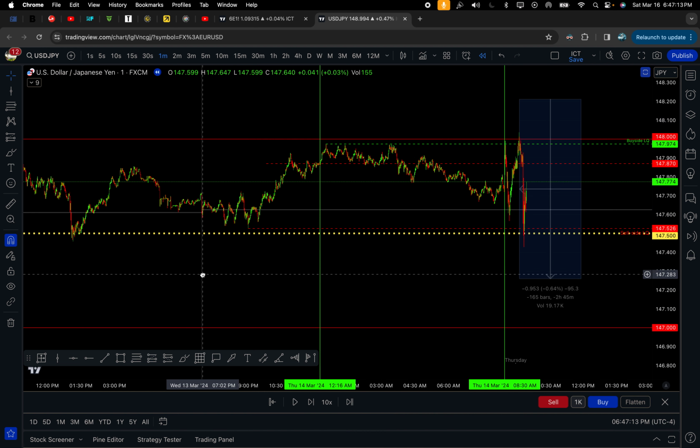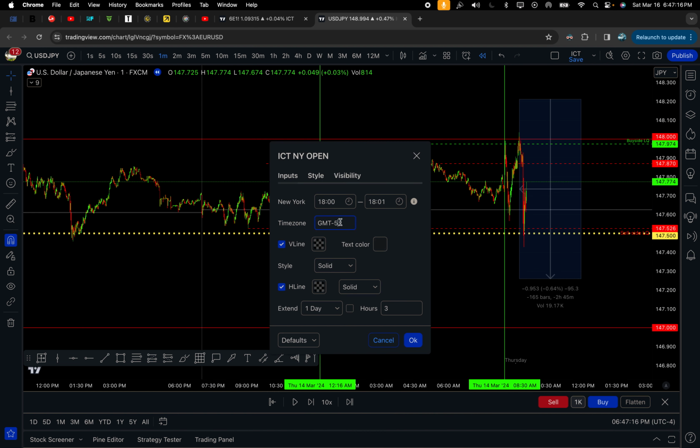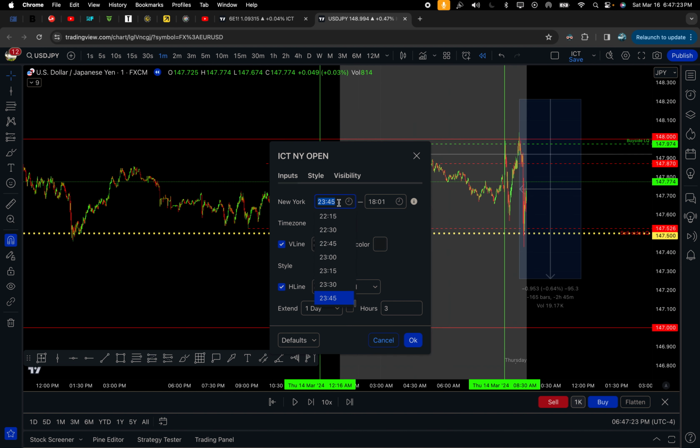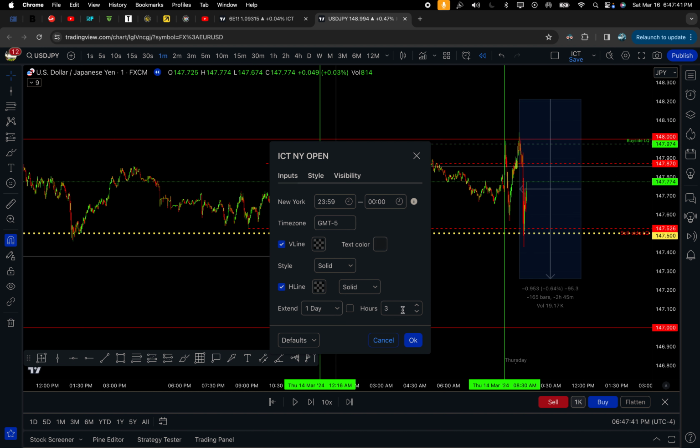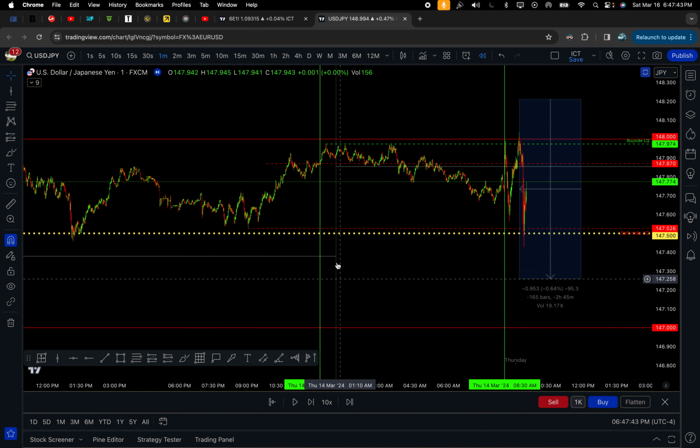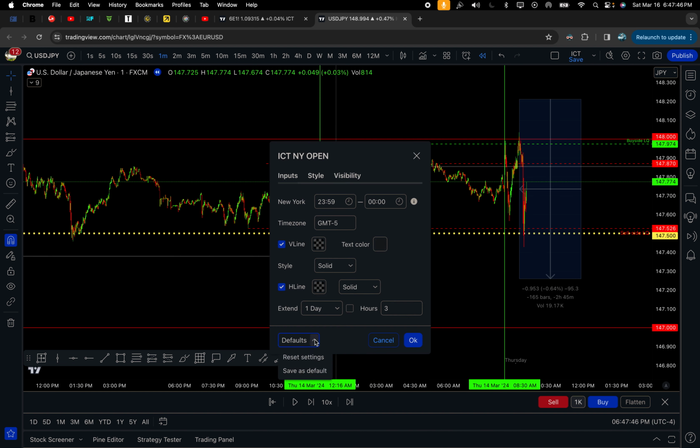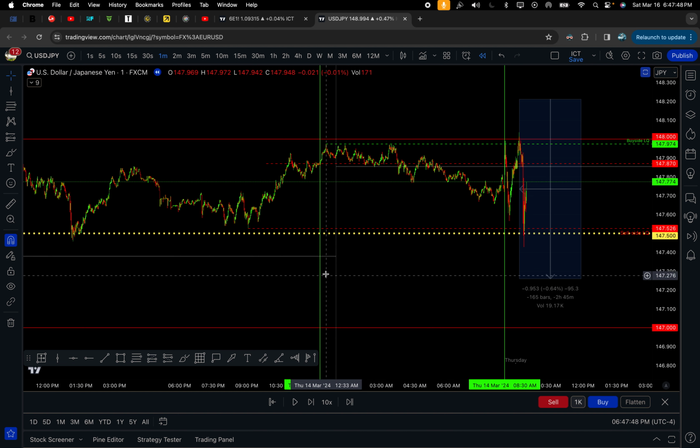Okay, so see this faint line, that's not midnight. I need to make that midnight real quick. Time zone. 23:59. I think you can do it that way. Save as default, because that's how ICT teaches.